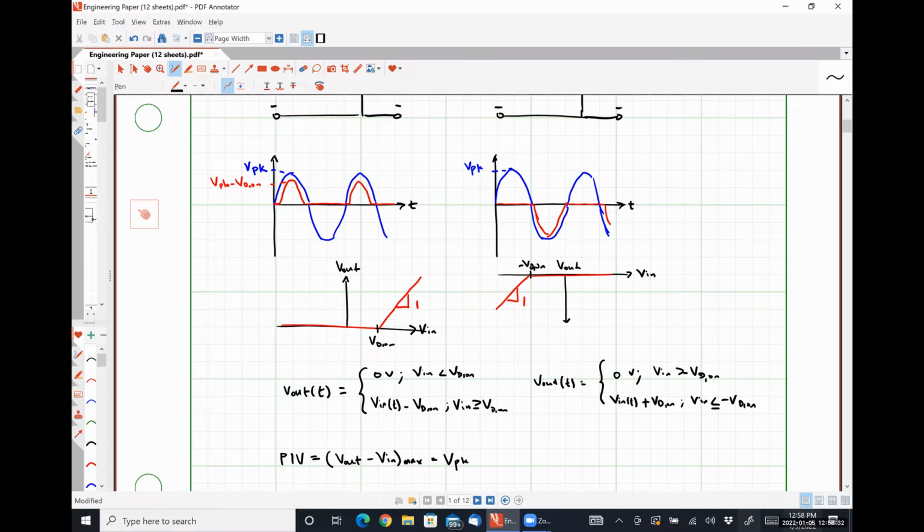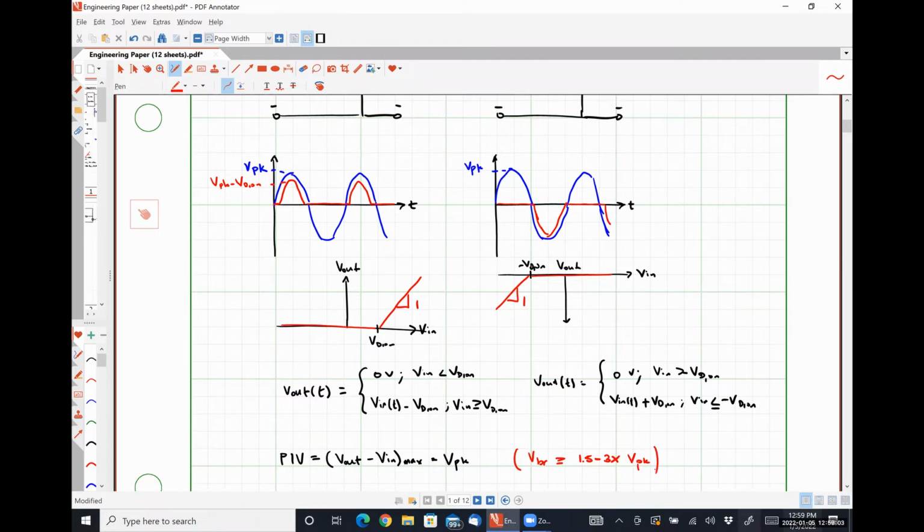So in truth, it's much more likely that we'll pick it such that V breakdown is greater than or equal to 1.5 to 3 times V peak, just to make really sure we're never even getting close to pushing it into a breakdown possibility.